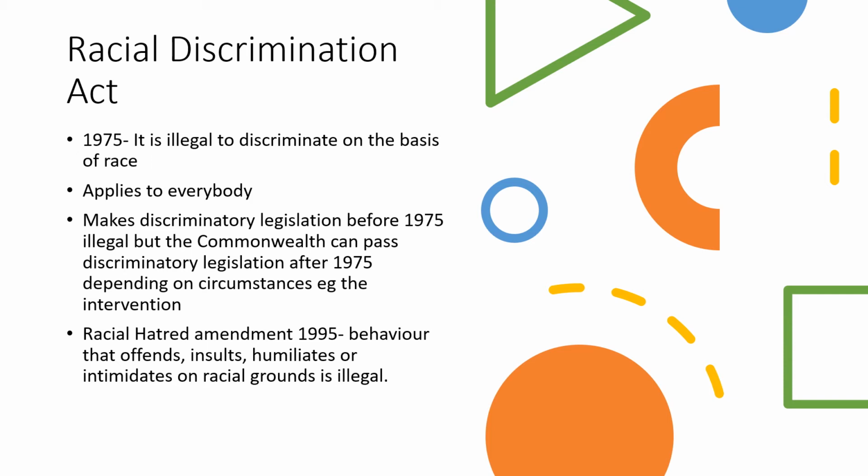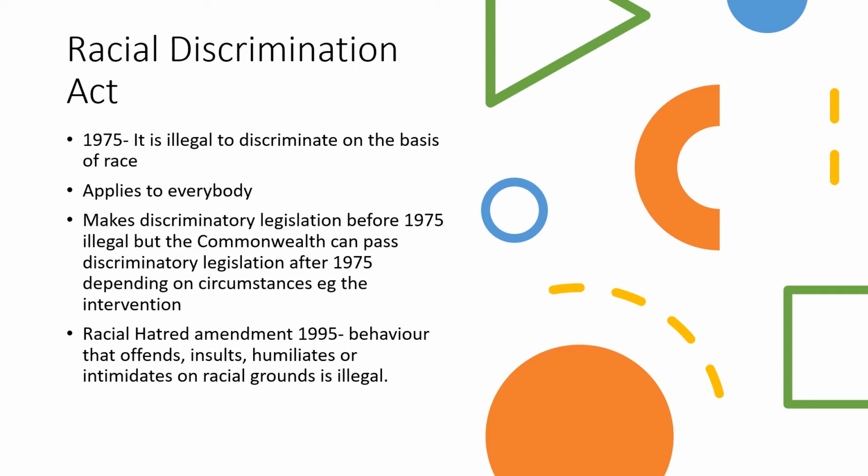As I mentioned last week, the Commonwealth Government introduced legislation to make the welfare card legal only for Indigenous communities, which is an example of how they can pass discriminatory legislation despite the Racial Discrimination Act.